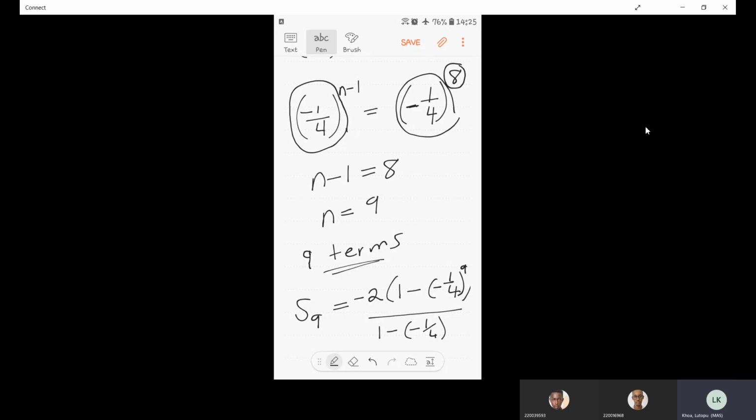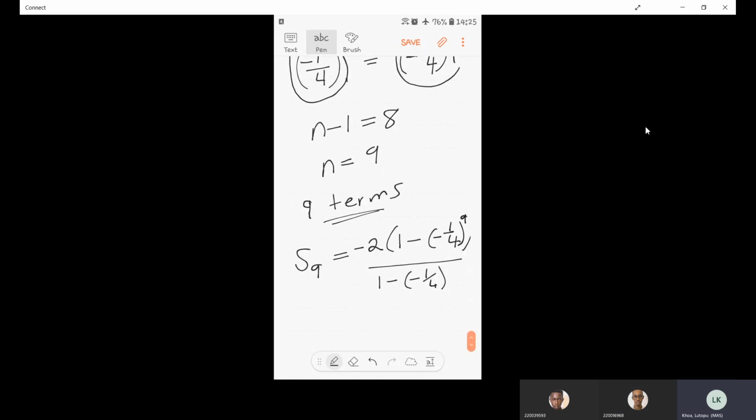Again, you do this on your calculator. I'm getting negative 1.5999. If I write it to 3 decimal places, I'll just get negative 1.600.